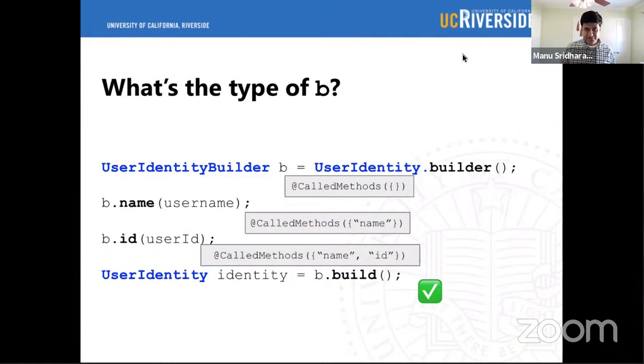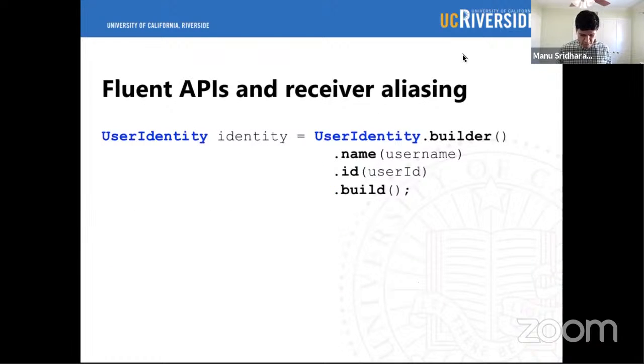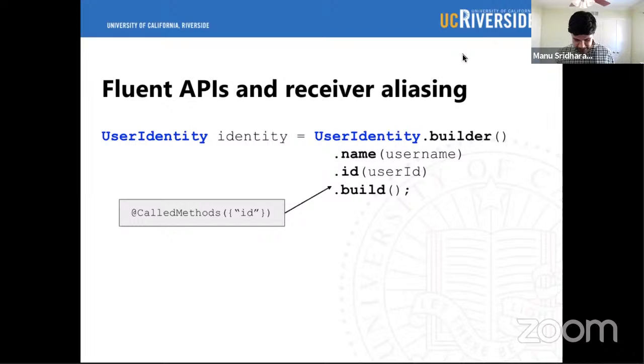And I mentioned that we didn't have to do any alias analysis for soundness, but we did find one pattern, which I've already showed you, where we do actually need some alias reasoning for precision, or we get too many false positives. And that's this kind of use case where you're invoking these APIs one after another in a fluent manner. So if you just apply the technique I mentioned before, you're going to conclude that the only method invoked before build is ID, and you're going to reject this code.